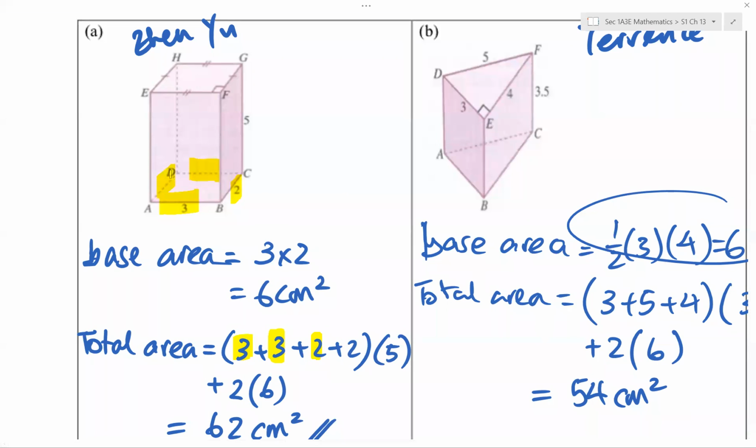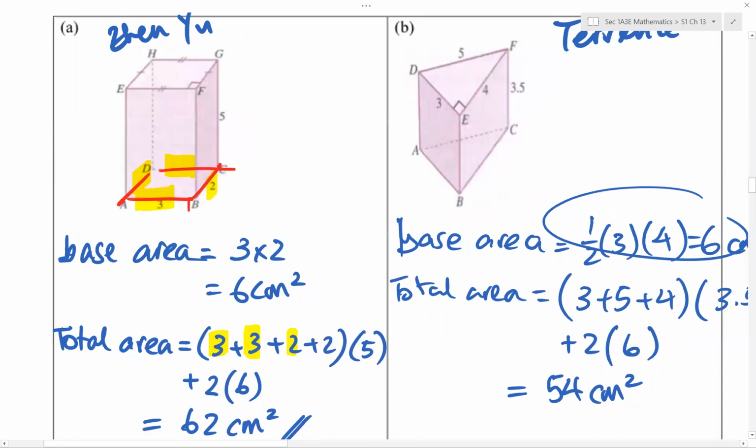What are we looking for over here? Perimeter of what? Perimeter of ABCD, very good. And what is so unique about ABCD? Not surface, base area. It is the base area.